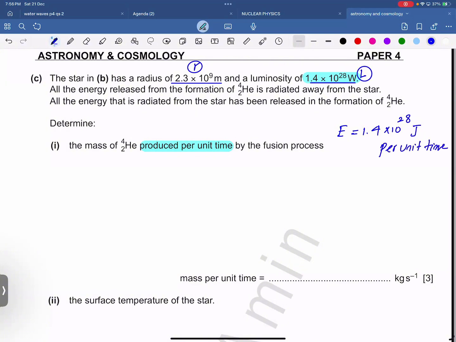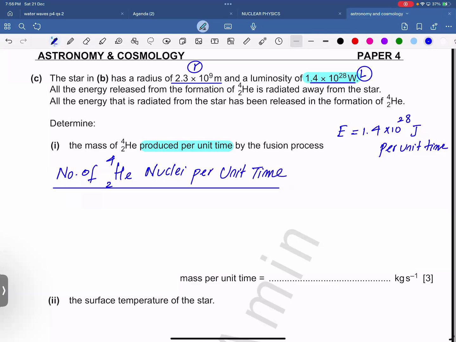Can I say joules per unit time? What is power, my dear students? It is joules per unit time. So now using this and the previous energy, I can find the number of nuclei. How many helium nuclei are there? So I will find the total number of helium nuclei per unit time.